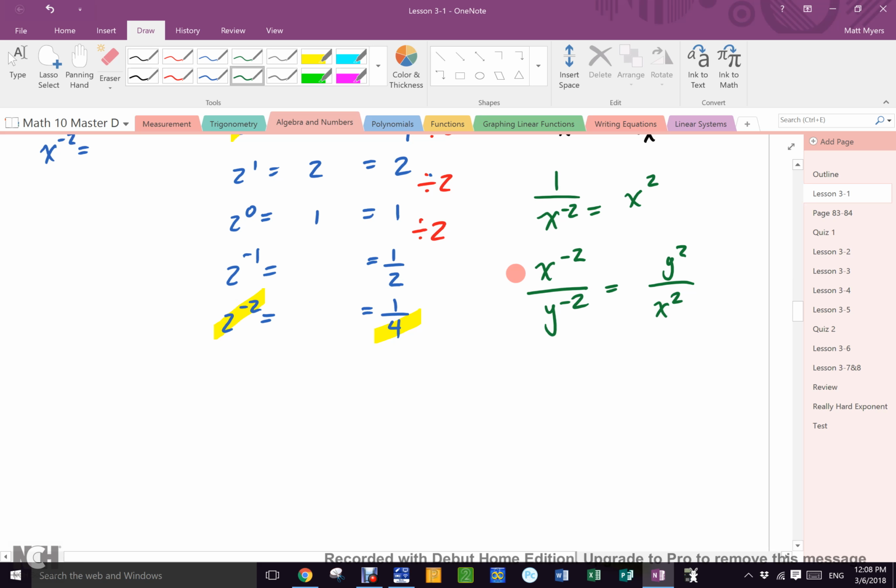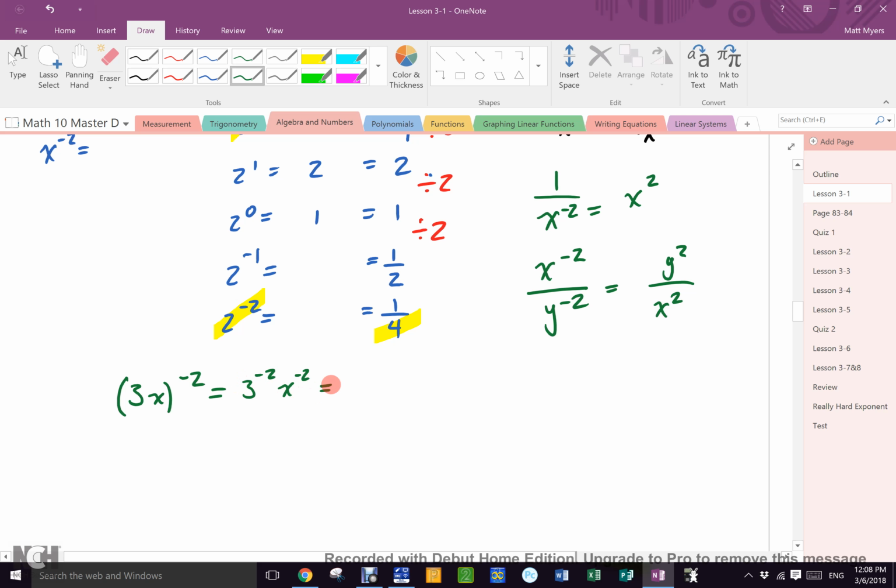Let's try a couple of easy ones. 3x to the negative 2. When it shows up, the 3x will be in brackets. What is that? Remember, every exponent law applies. 3 to the negative 2 and x to the negative 2.